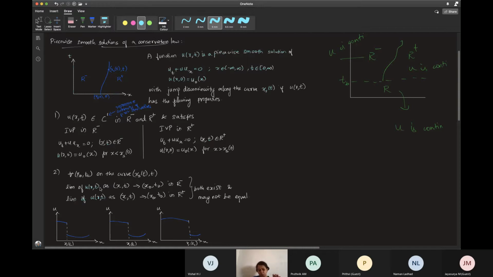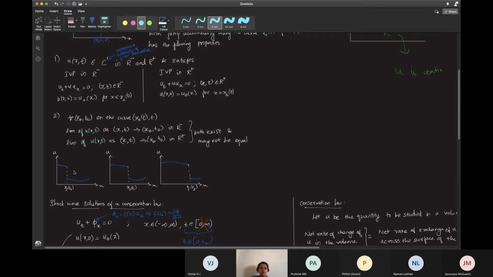They both must exist, but we don't put a condition that they must be equal, because if they are equal, then the whole function is continuous everywhere. We don't state that, because we have a discontinuity on that curve, and our u is not continuous there. So we don't say that the limits must be equal, we only say that the limits should exist.